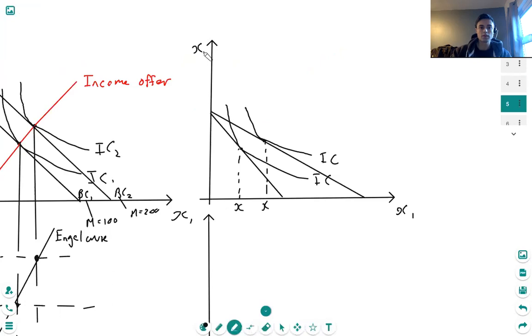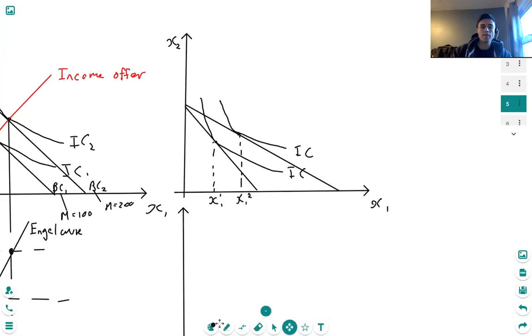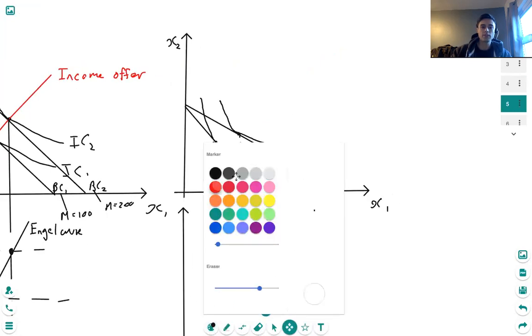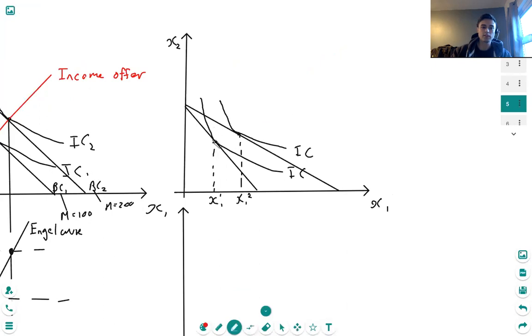So let's call this like that. And then for the price offer, we just connect the two optimization points to each other like we did with the income offer. But now instead of calling it the income offer, we call it the price offer.